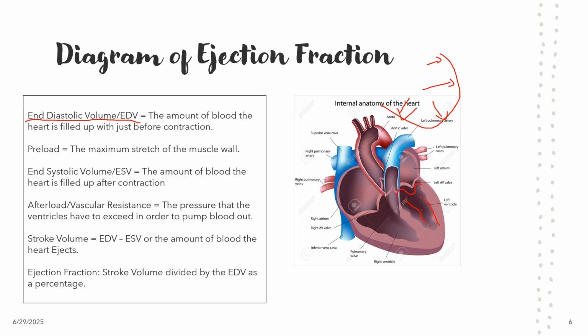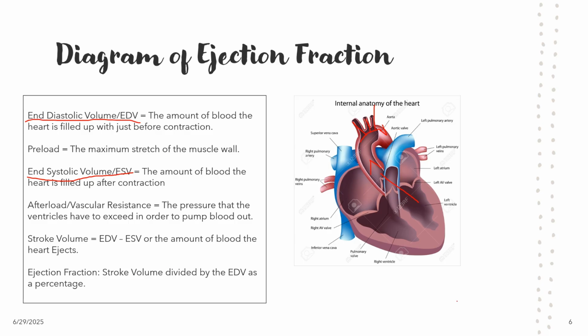And then we have something called the end systolic volume. So what's the end systolic volume then? You see, the heart ejects blood through the aorta. By the way, ejection fraction is mainly talking about the left ventricle, so that's why I'm just using the left ventricle in this case.